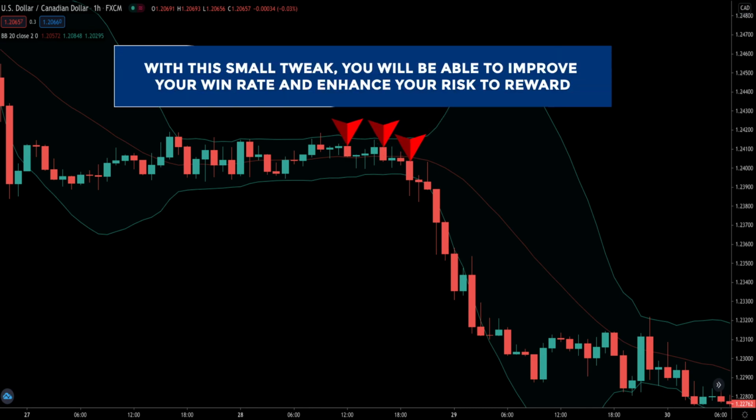With this small tweak, you will then be able to input a tighter stop loss, and that means you can enhance your risk to reward ratio. Lastly, I will wrap up this video with some charts showing you examples of how to do it correctly. There's a lot of value packed in this video, so I hope you are ready.